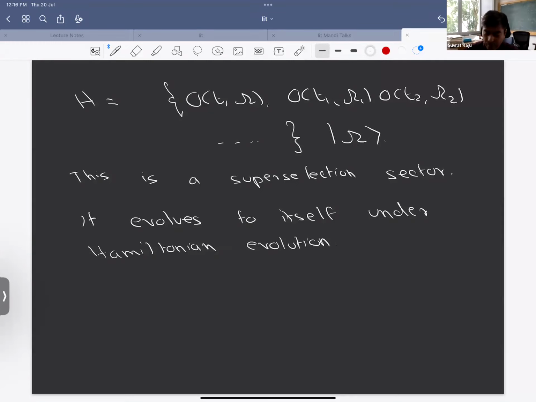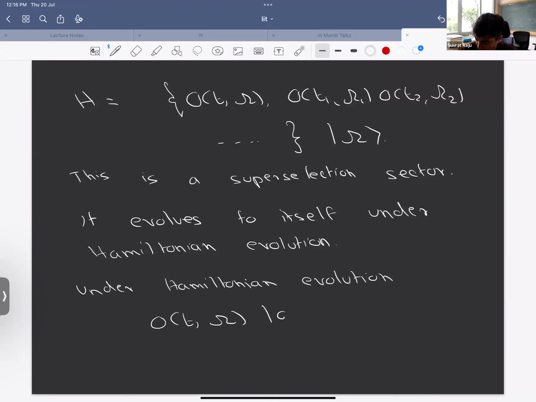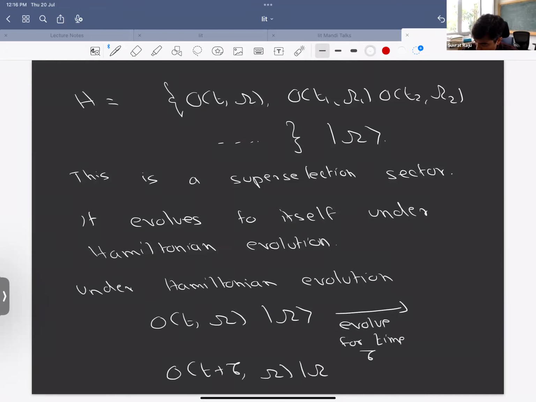And the reason for that is very simple. Under Hamiltonian evolution, if you take a state of this kind and you evolve it, it goes to this. But this operator was an element of your algebra, and this operator was also an element of your algebra.